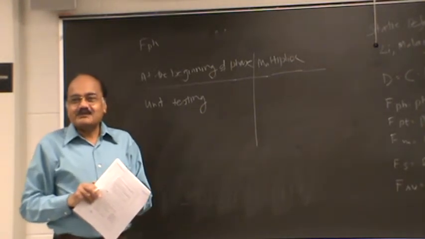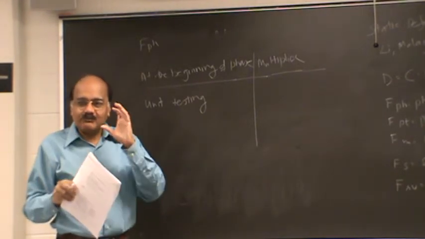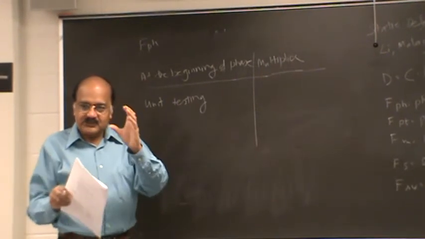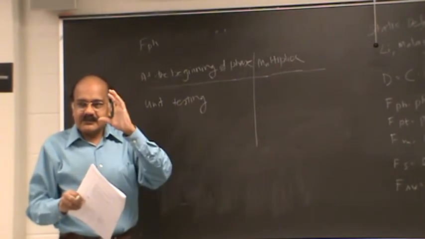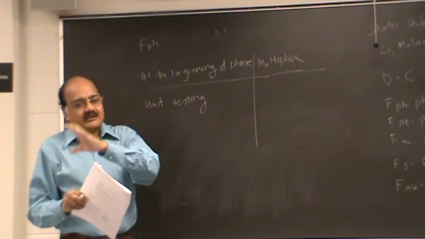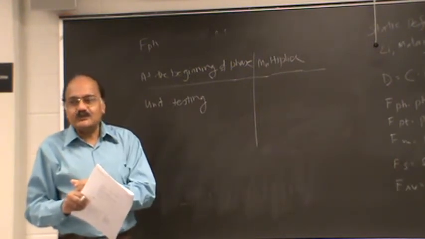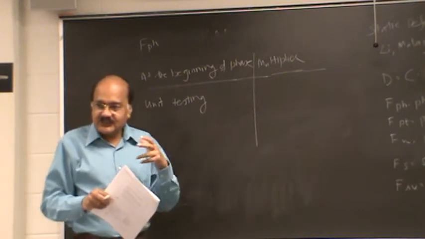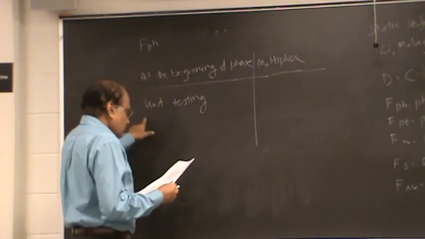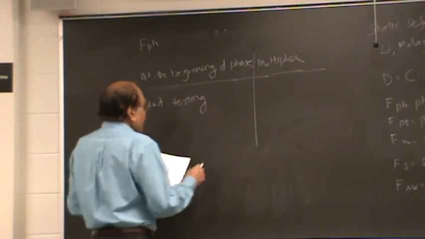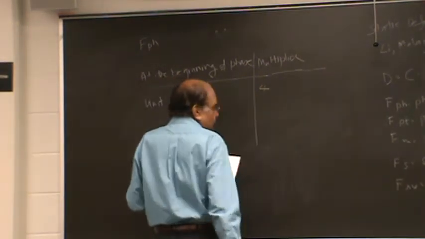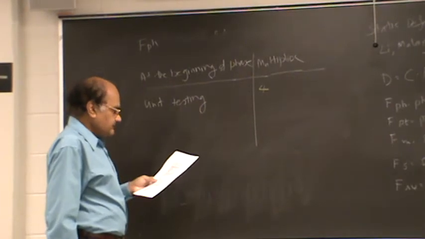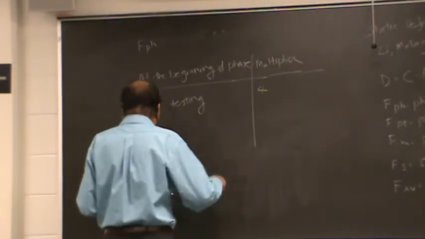Usually people will divide the software to be developed into small pieces of functionality, and they will write a small piece of code, write another piece of code, and these will be called units. And these small pieces of code would be tested initially. So this is at the beginning of the unit testing. Let us make the multiplier 4. So the defect density is 4 times the default value.